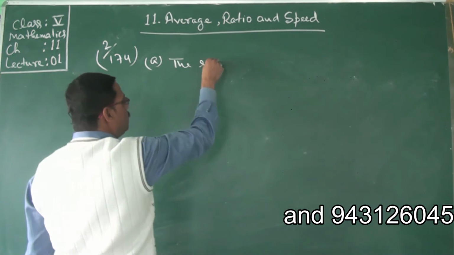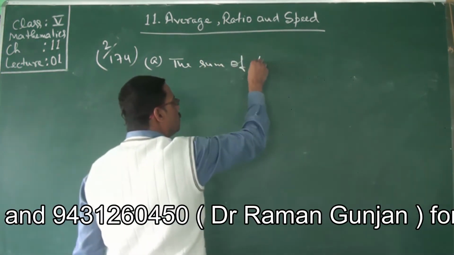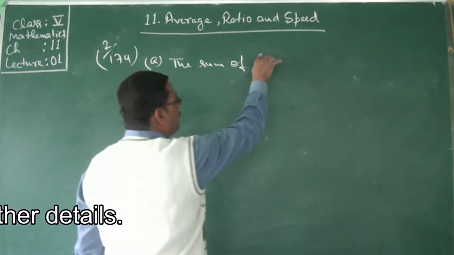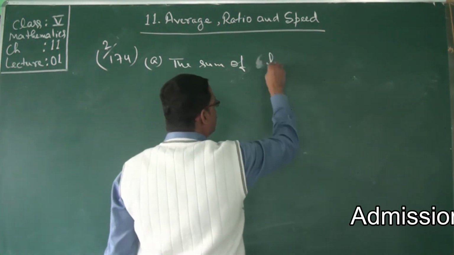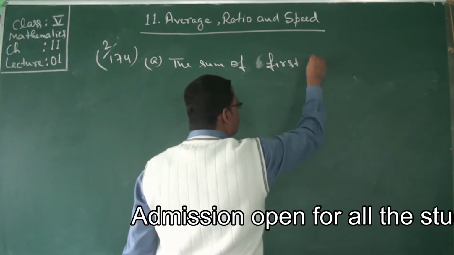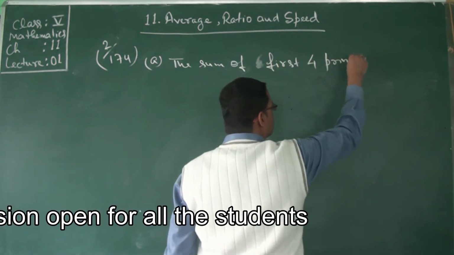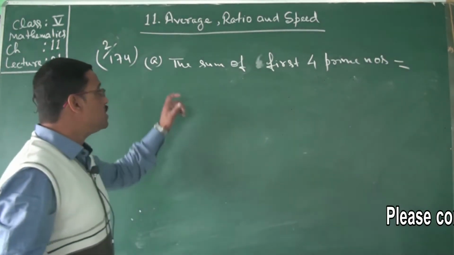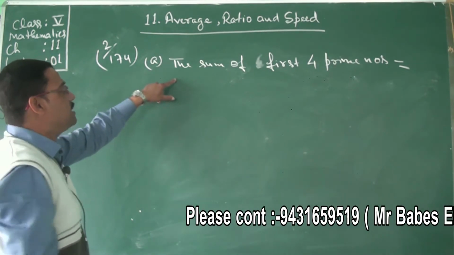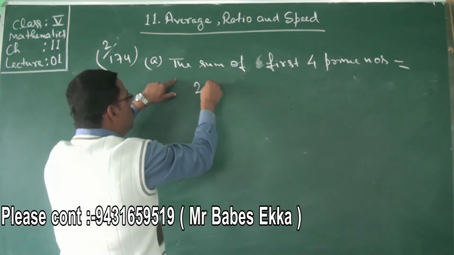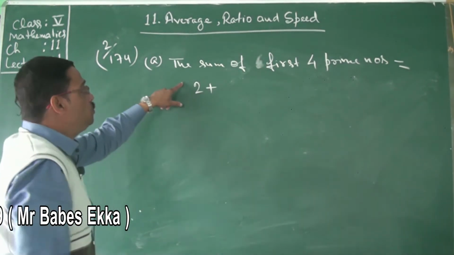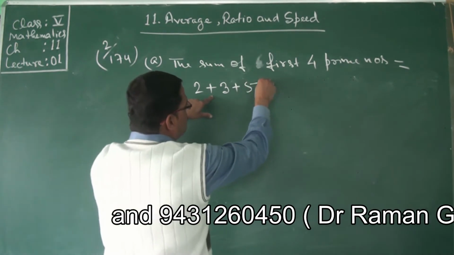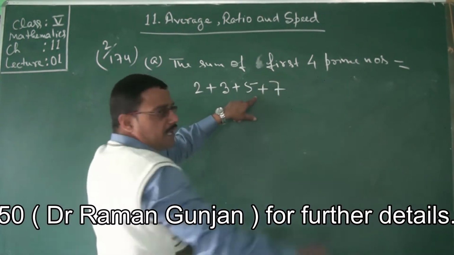The first 4 prime numbers are given there. See, the first prime number, we don't consider 1 as prime, so it will be 2, plus, after the 2, 3 is also prime, plus 4 is composite, so 5 is prime, and after the 5, 7 is prime.